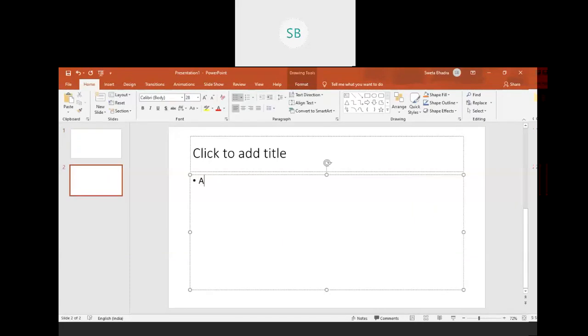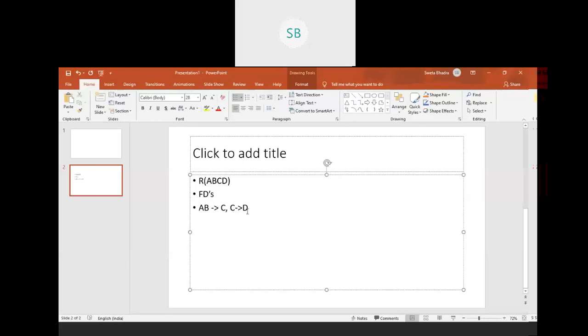Suppose we have a relation R where the attributes are A, B, C, D, and these are the functional dependencies we are having: AB determines C and C determines D.